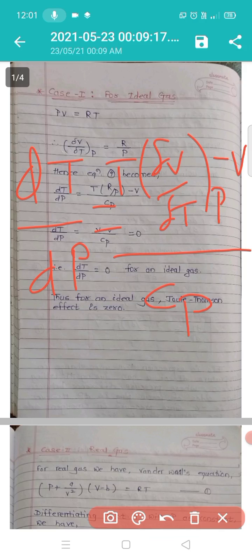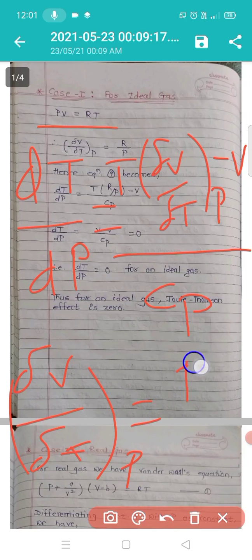Now, for an ideal gas there is the ideal gas equation PV = RT. Differentiating partially, we get the equation (∂V/∂T) at constant P = R/P.